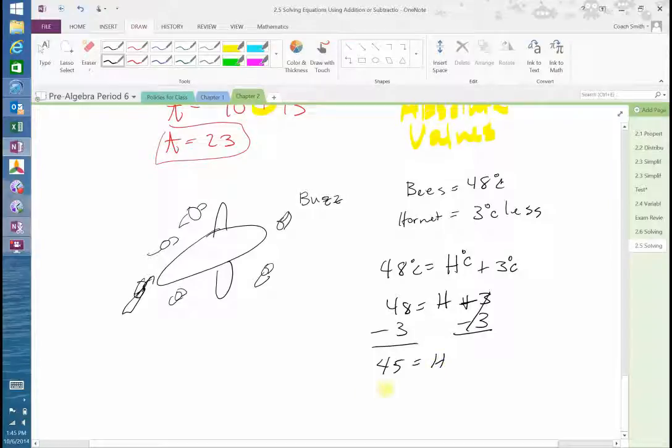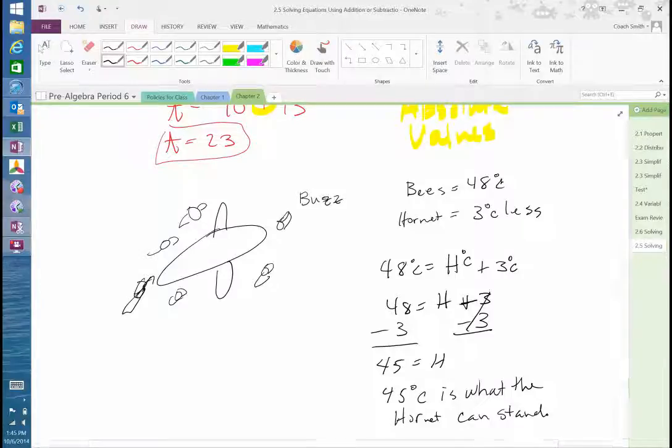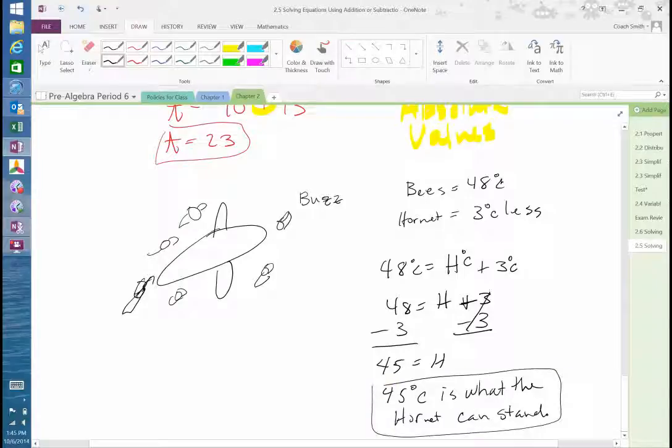So the hornet can stand 45 degrees Celsius. Okay? 45 degrees is what the hornet can stand. So that's how you do those types of problems.